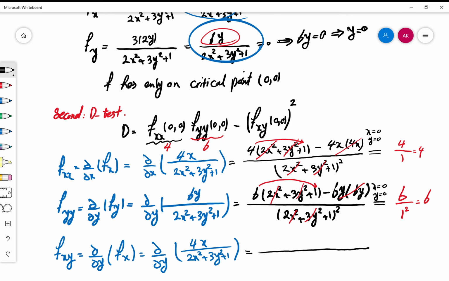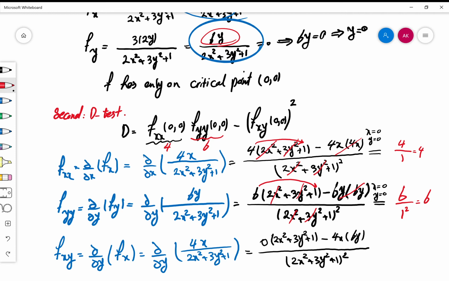Here the numerator has no y in it, so it will be 0 times 2x² + 3y² + 1, minus 4x times the derivative of the denominator with respect to y, which is 6y, over the denominator squared.